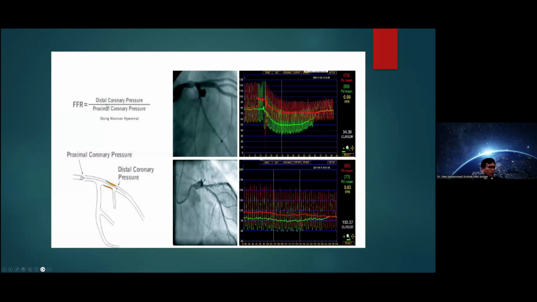Basically, it's just like a coronary pressure wire. We measure the distal coronary pressure and also the proximal coronary pressure, and we get the FFR. An FFR of more than 0.8 is normal, less than 0.8 is abnormal.